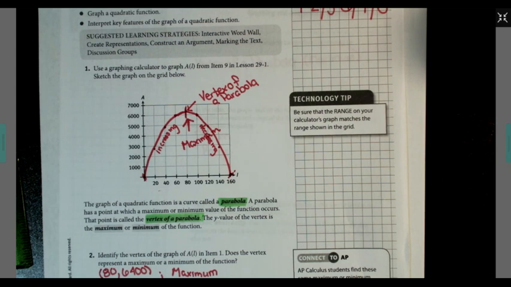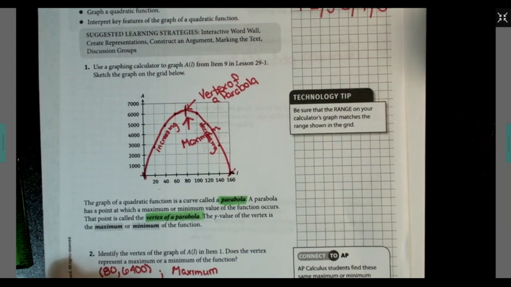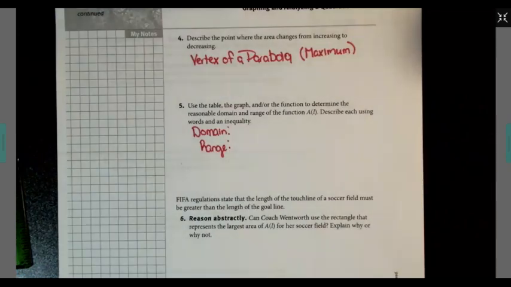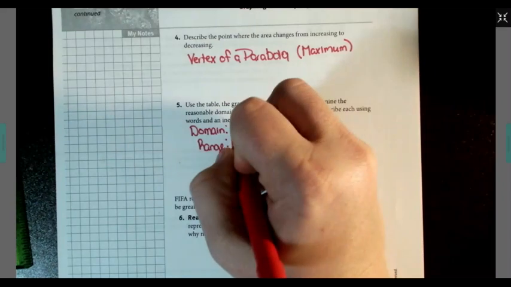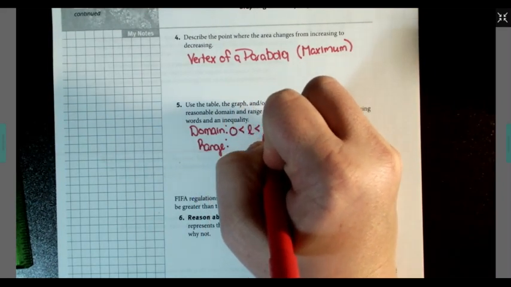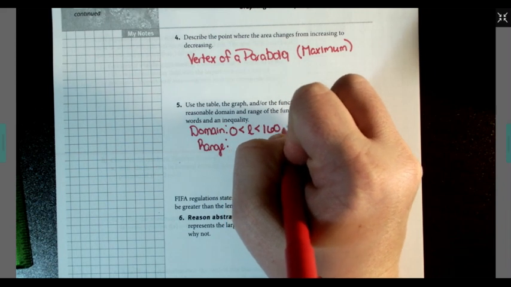We can have up to 160, but not including 160, because remember, we're talking about lengths. And if the length is 0, that means there's not technically a rectangle. So we can go all the way down to 0 or all the way up to 160, but not including those values. So my domain is going to be 0 is less than L, which is less than 160.